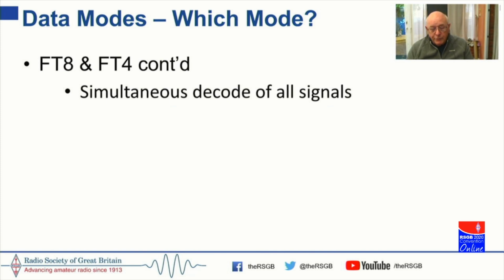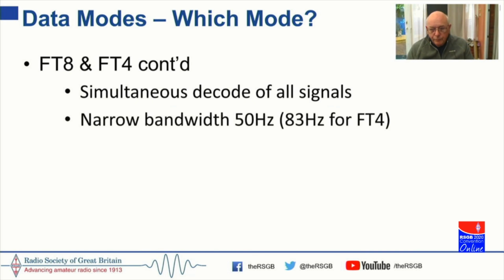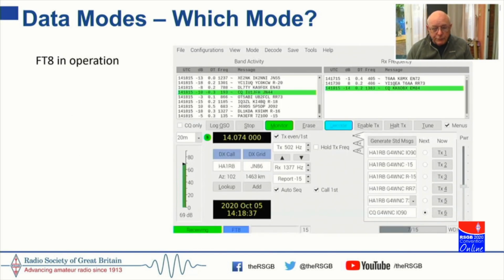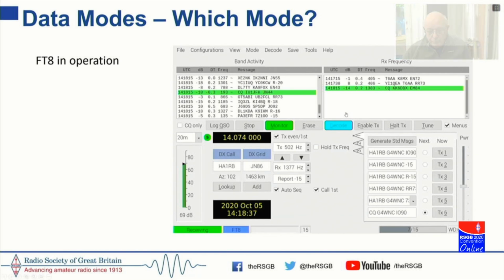And the other great thing about it is the software will decode all the stations in that channel simultaneously. The bandwidth for each signal is very narrow at 50 hertz, but the sensitivity is excellent, so it works under very poor conditions. So this is what FT8 looks like when it's running.